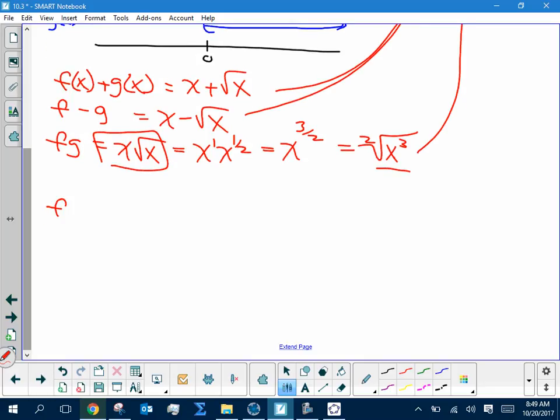Now f over g is going to be x divided by root x. Now the domain of this is going to change, because remember, we're interested when that thing may potentially be equal to 0, because we can't divide by 0.